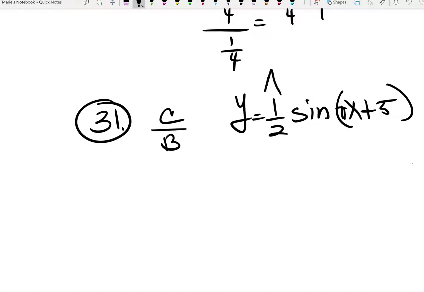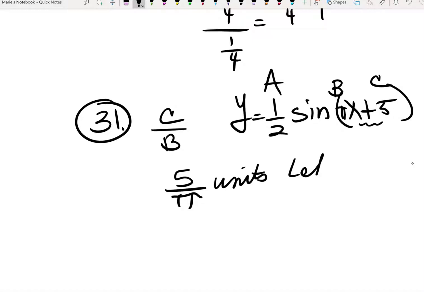So labeling these, this is A, this is B, this is C. And so C over B gives me 5 over pi. And because that's a plus, you're going to move to the left. So 5 over pi units, left.